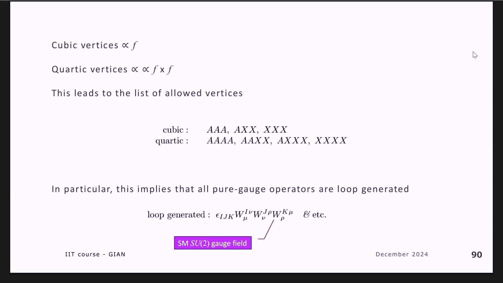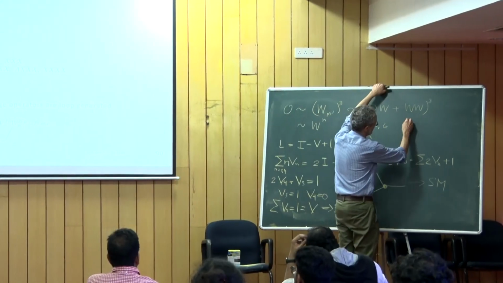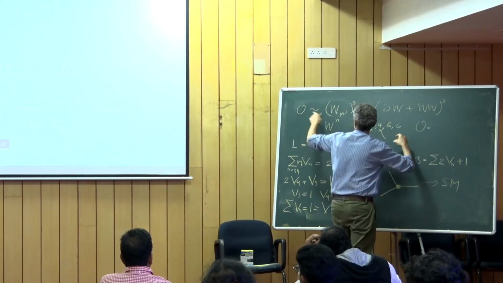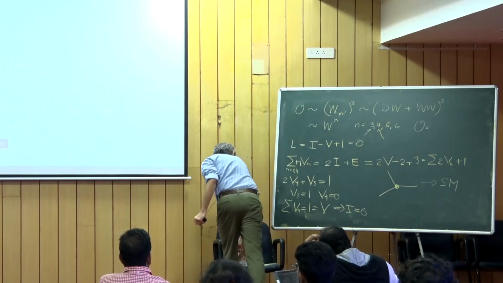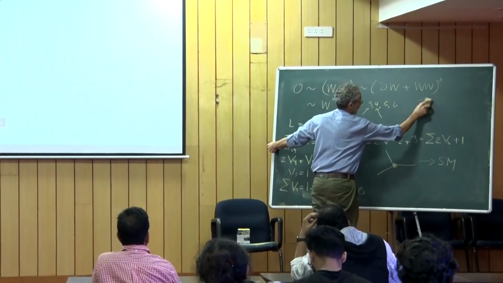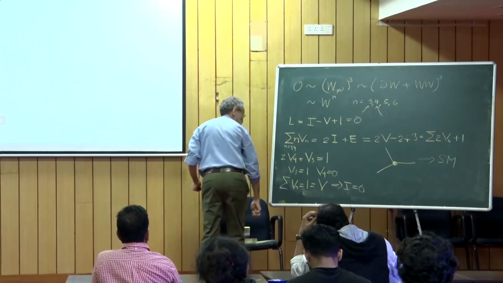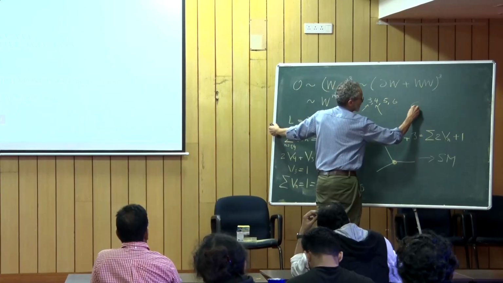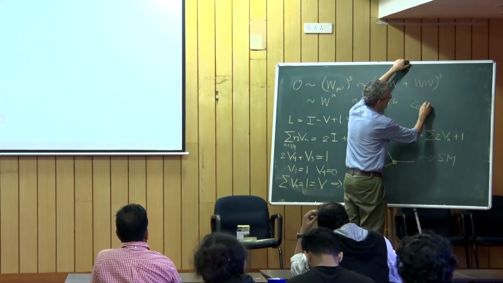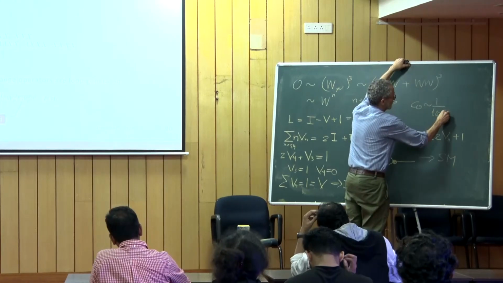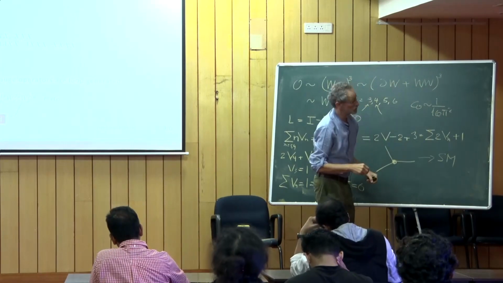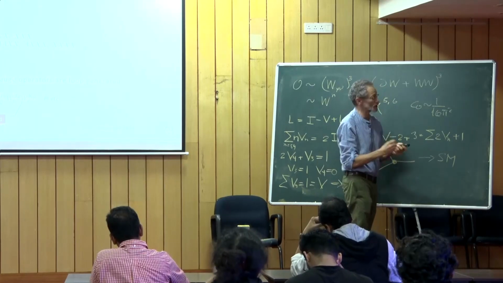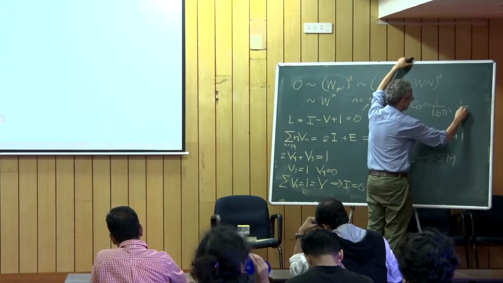So, for example, what does that mean? It means that for this operator O, the coefficient will have a 1/16 pi squared from the loops that have to generate it times the 1/lambda squared.